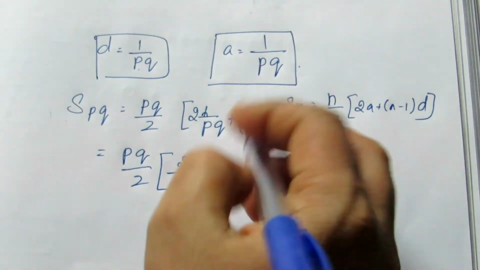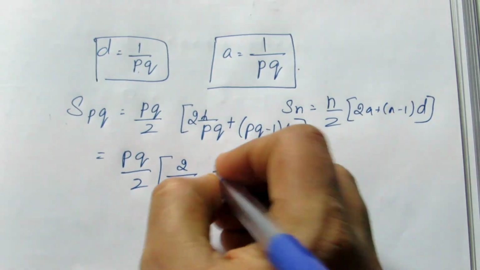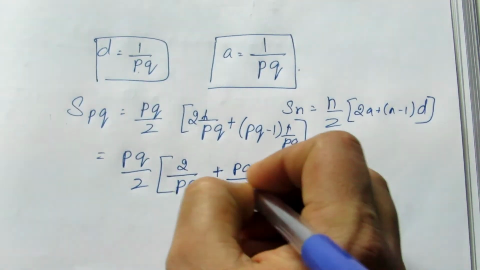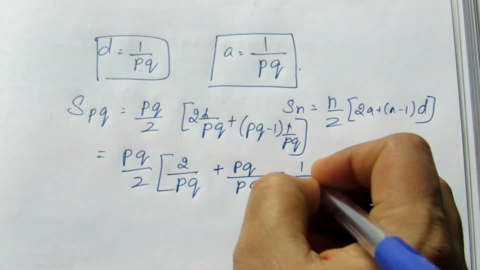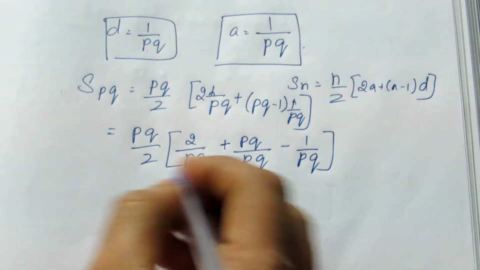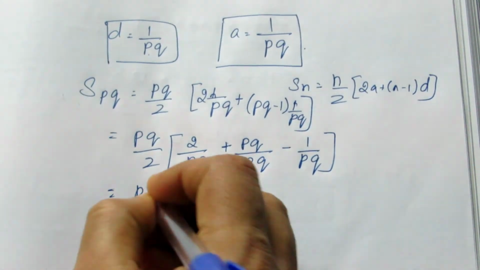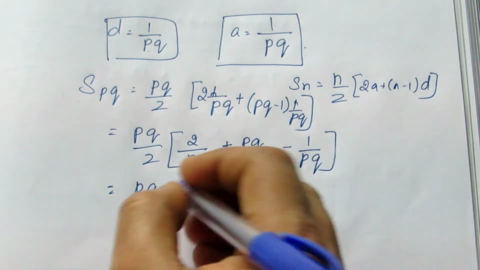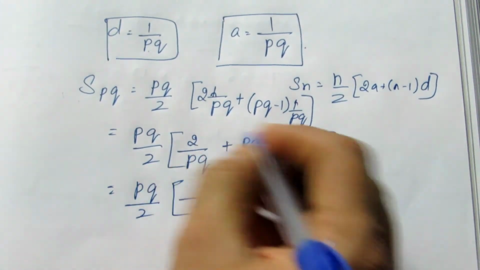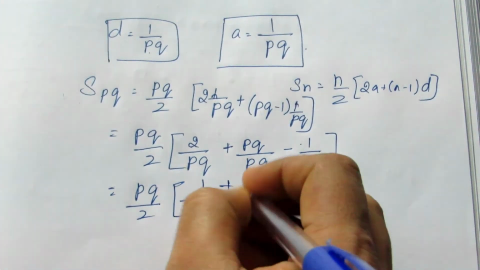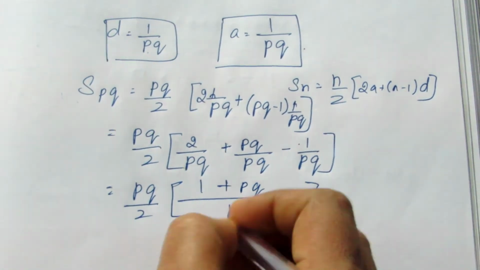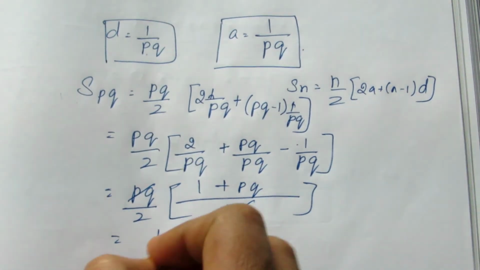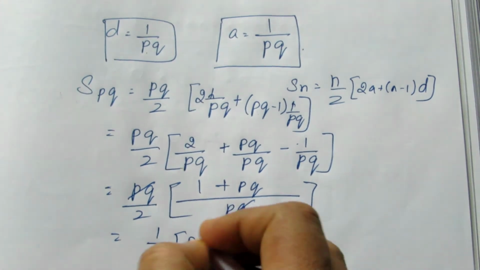Here if I multiply this inside, it becomes plus pq by pq minus 1 by pq. Here the denominator is same. This becomes 2 minus 1 is 1 plus pq. Here pq gets cancelled and it becomes 1 by 2 into (pq plus 1).